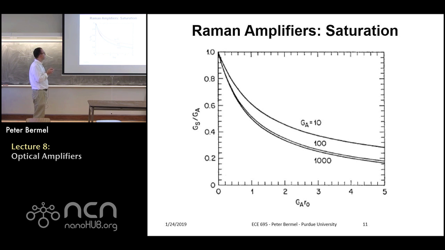I think this is supposed to be the saturation parameter for the gain divided by the actual gain, and this is the gain parameter, G sub A. Basically it's showing that as you go to higher gains, you have more saturation occurring, right? And so there's less overall amplification in the presence of relatively high gain factors, right?